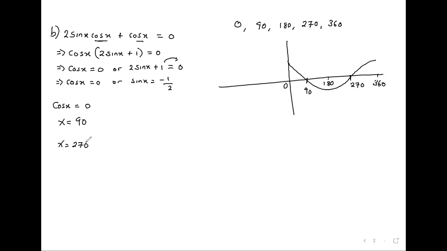These are special angles. Then we convert them to radians. We multiply by pi over 180, giving us pi over 2. We multiply by pi over 180, giving us 3 pi over 2.